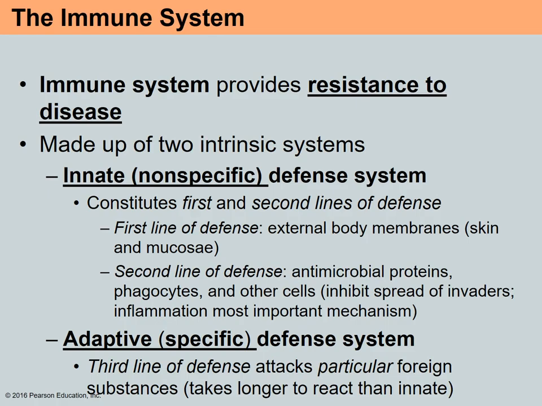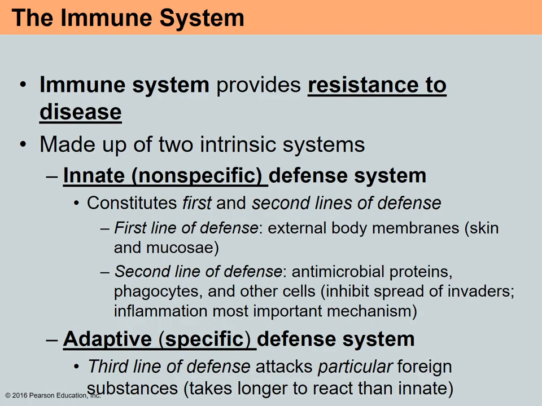And so it's very, very specific. The response to ponderosa pine pollen is going to be different than the response to loblolly pine pollen. It can distinguish the differences between very specific antigens.